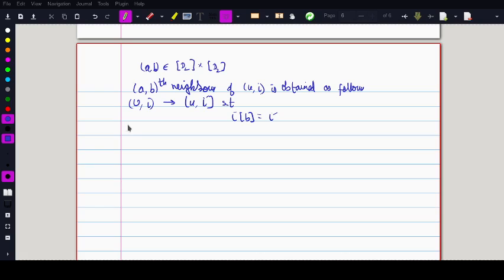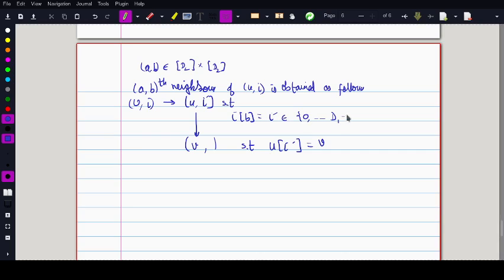and after that you go to a vertex v such that u of I prime is equal to v. So basically you go to the I primeth neighbor of v, and you can do that because I prime lies between 0 and d minus 1.